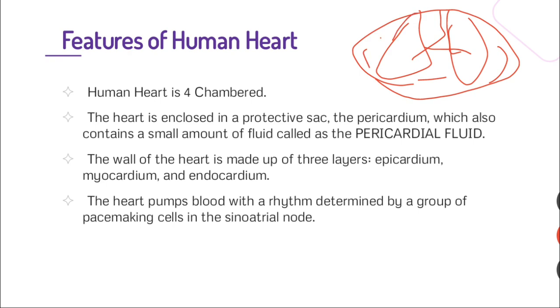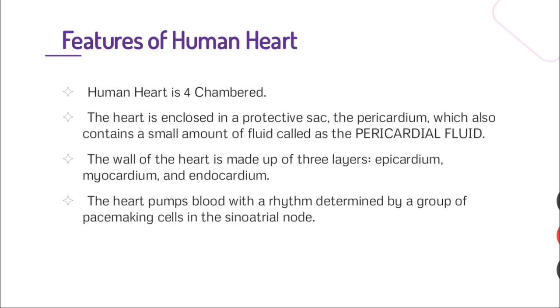This membrane protects the lungs. So any vital organ is generally present inside a sac, and it is also provided with fluid. Even our brain is present inside a bony box called the cranium, and it is provided with cerebrospinal fluid, due to which we do not feel the weight of the brain.